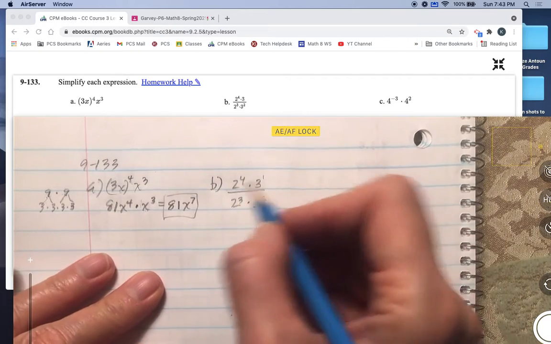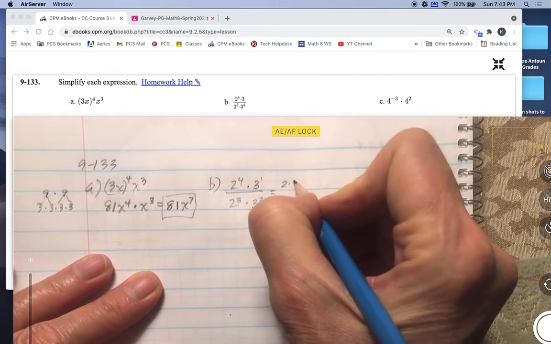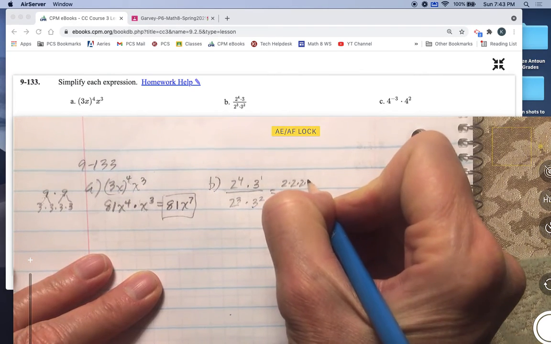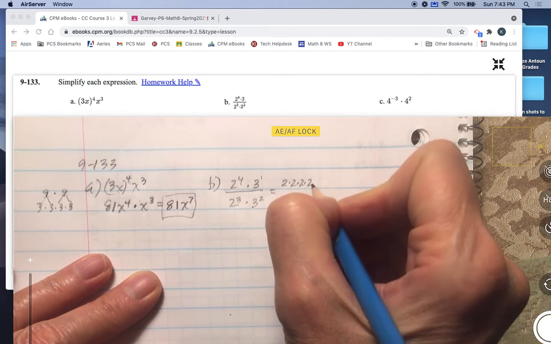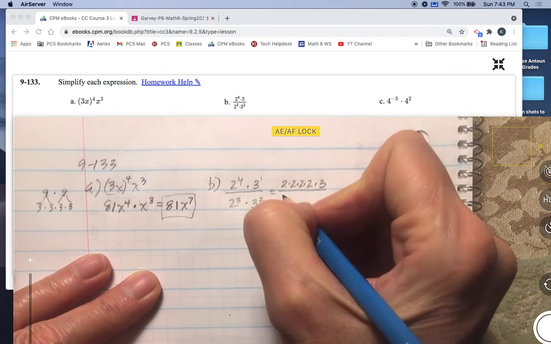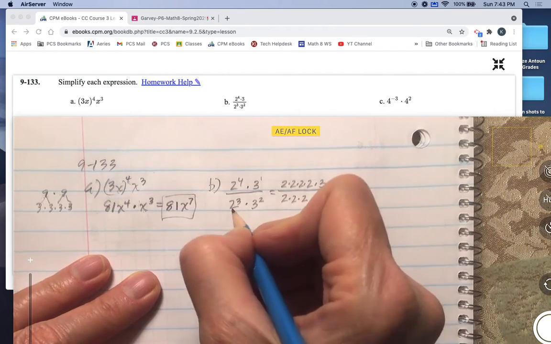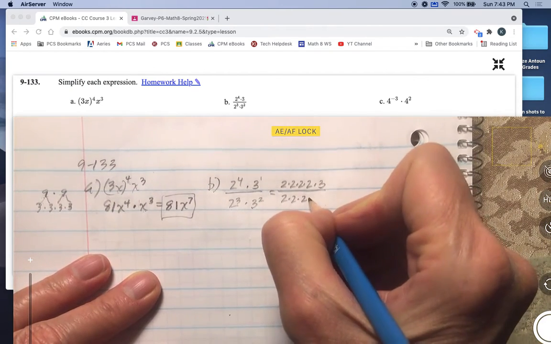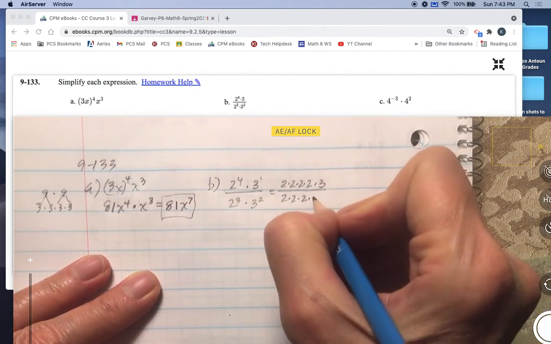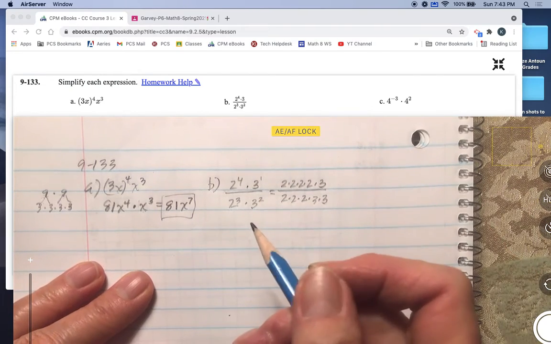Okay, in this case, if we factored them out, so 2 times 2 times 2 times 2, that's 4 twos, times 3, over 2 times 2 times 2, because that was to the power of 3, times 3 times 3, because that's 3 to the 2nd power.